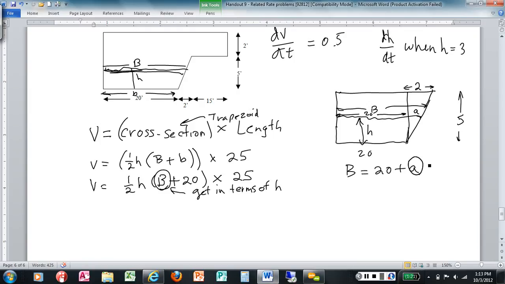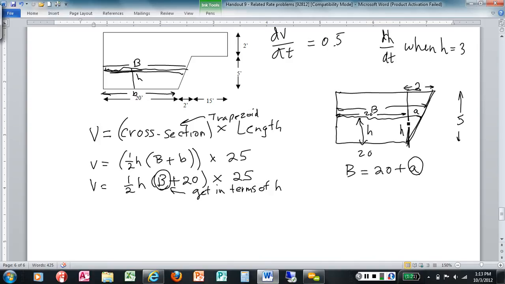How could I get A in terms of h? Well, do you see something here? Don't I have similar triangles just on this little corner triangle there? Can I use my similar triangles again?